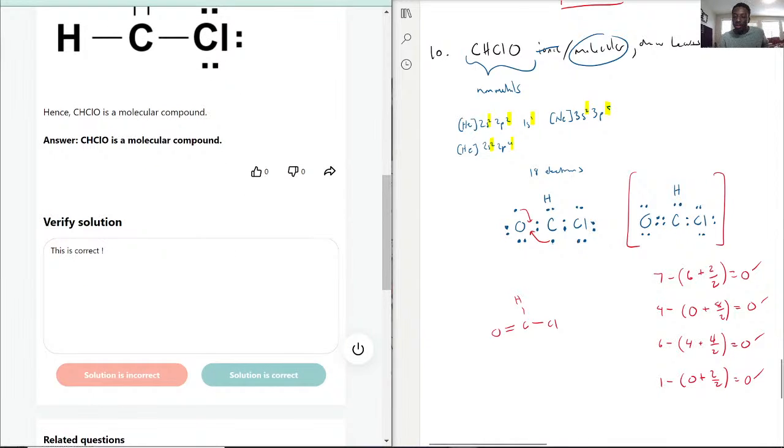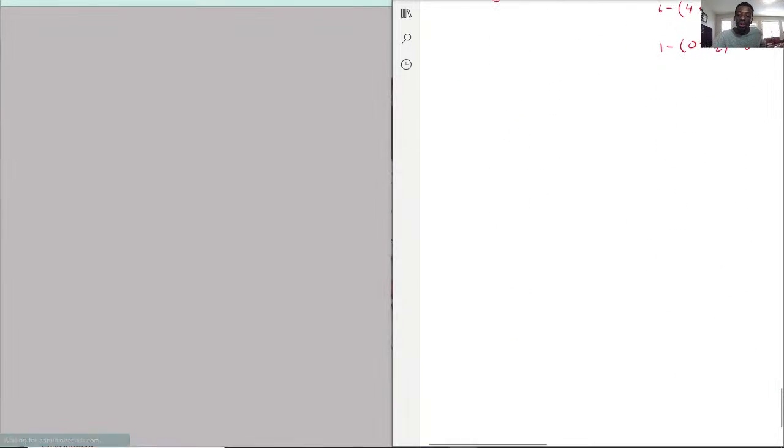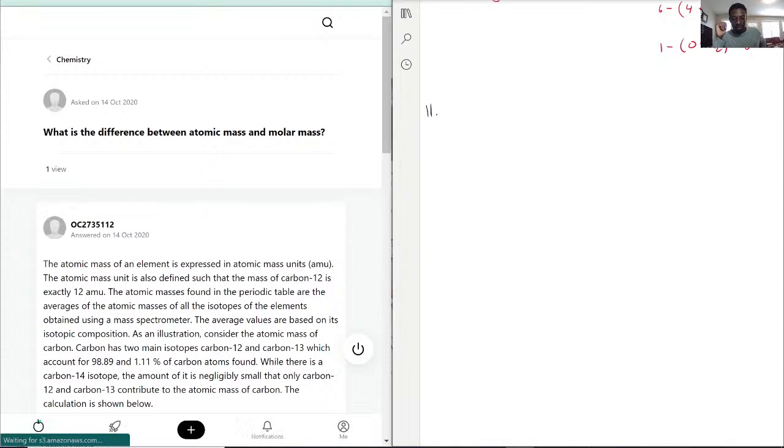Okay, so now question number 11. What is the difference between atomic mass and molar mass?